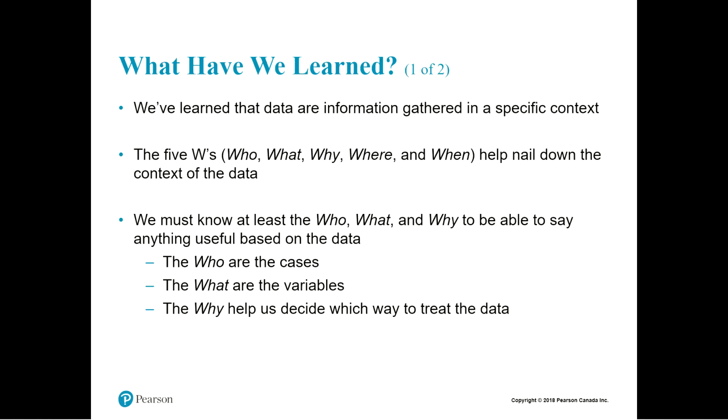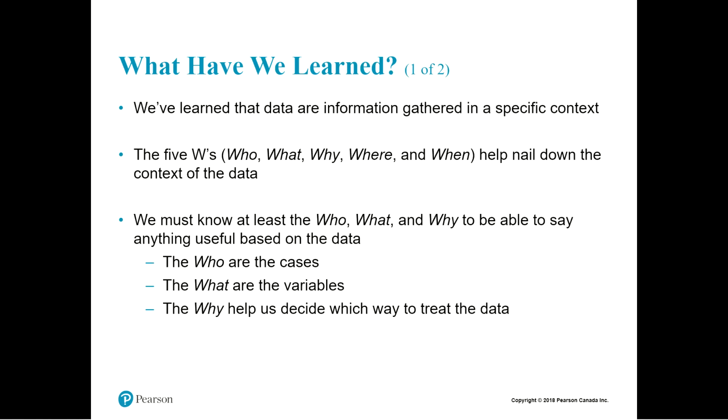What have we learned? Well, we've learned that data are information gathered in a specific context. We always take into consideration the 5 W's: who, what, why, where, and when. You can also use how, to help nail down the context of the data. We must know at least the who, what, and why to be able to say anything useful based on the data.